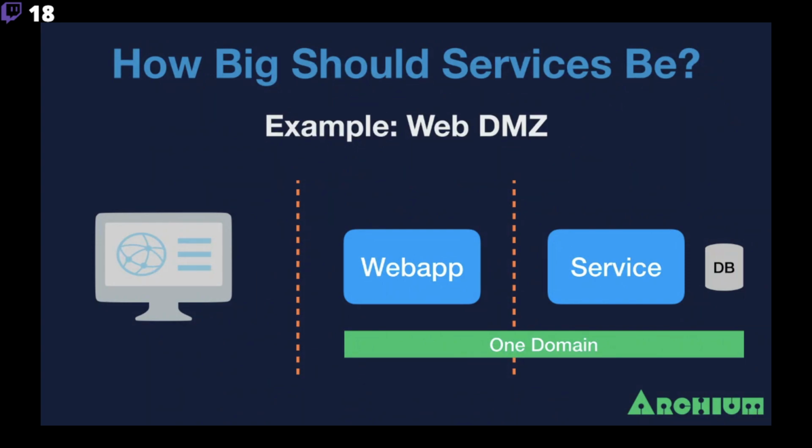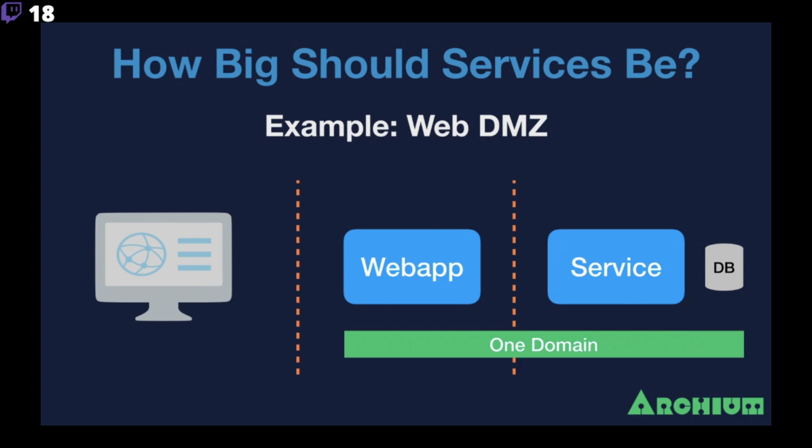So just by that definition, every domain that ended up being customer facing had to be split across at least 2 bits of software. So we had a web app and a service, and they would talk to each other. So that's one example. There will be other examples of where you will split things for technical reasons. But the key point is that should be your last consideration. The first consideration is, how do we split our software into subdomains of the business so that teams can focus on them?